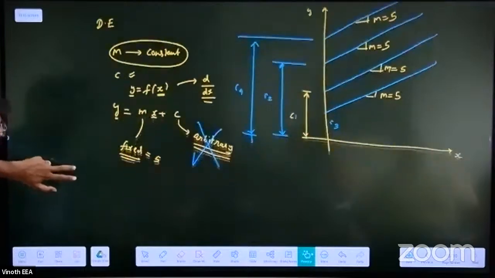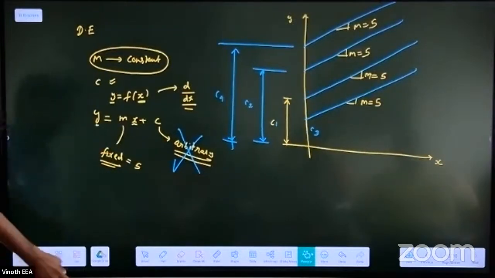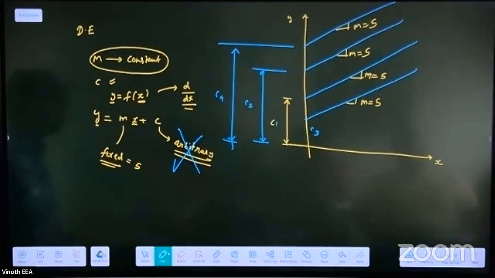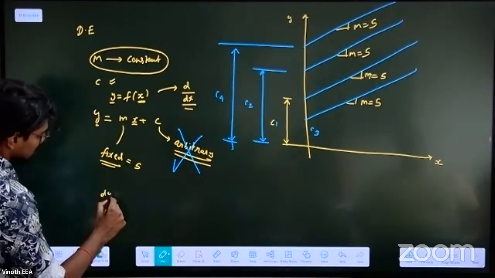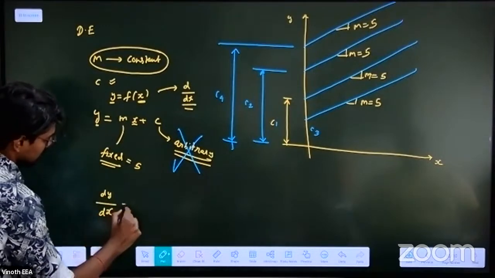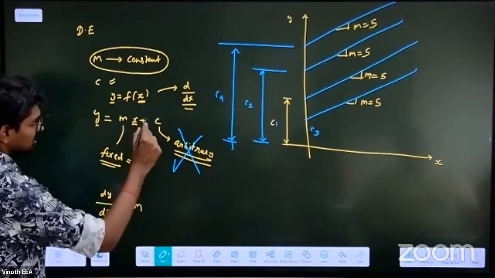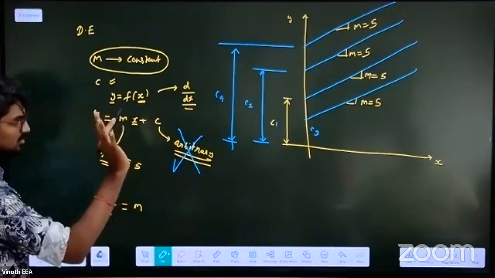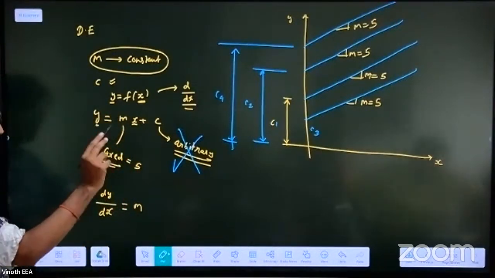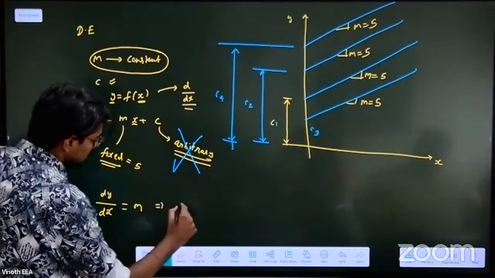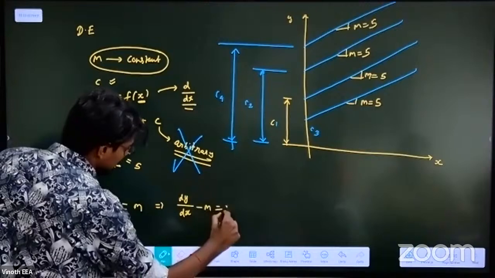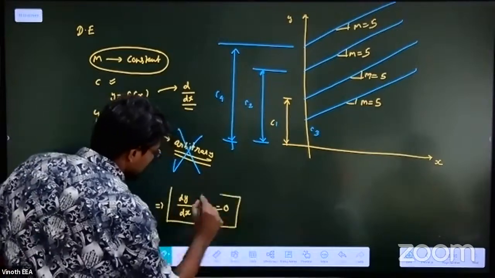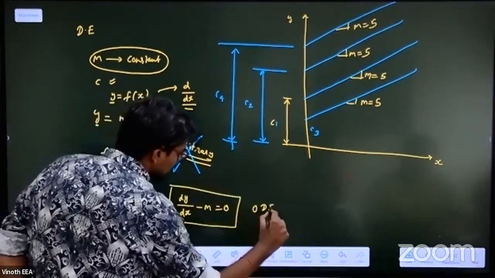Now, to convert y equal to mx plus c into a differential equation, what should I do? I need to differentiate with respect to x. If I differentiate with x, this will be dy by dx, and the right-hand side is m. c will become 0. So dy by dx minus m equals 0.